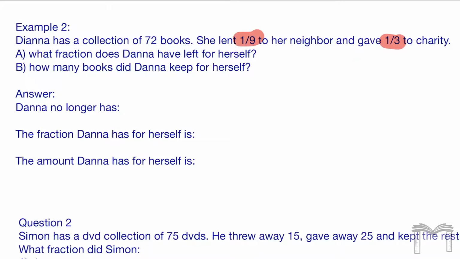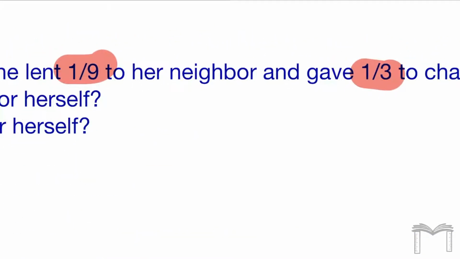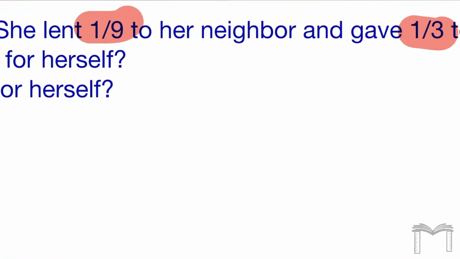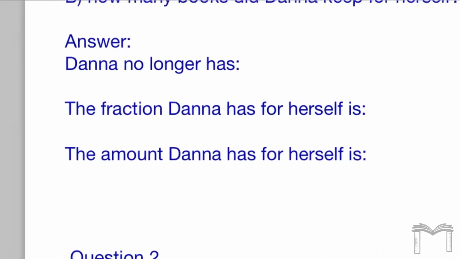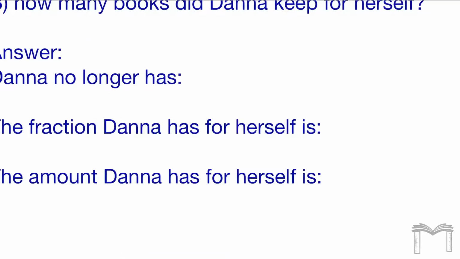So she no longer has those two fractions. So we're going to add those two together. 1/9 plus 1/3.